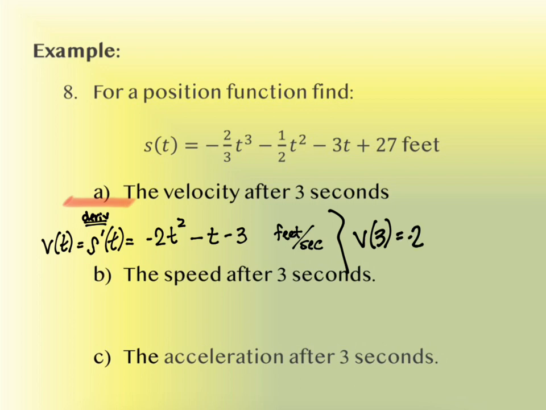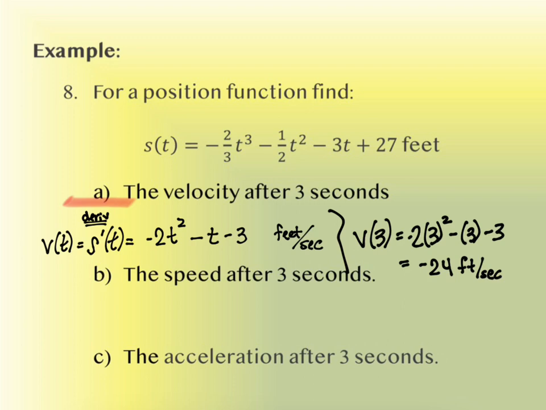I've got negative 2 times 3 squared minus 3 minus 3. And if we evaluate this correctly, I believe we're going to get negative 24 feet per second. That's a speed, 24, but it's got a direction. It's moving in the negative direction.